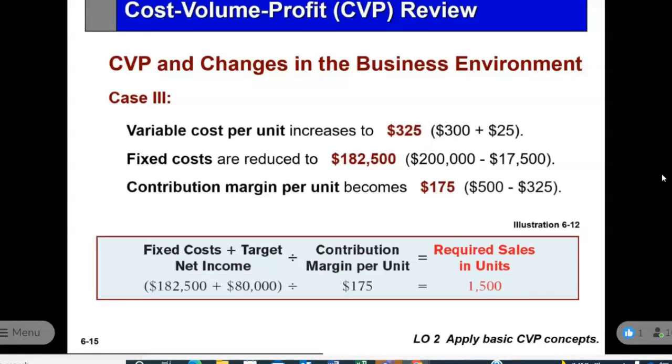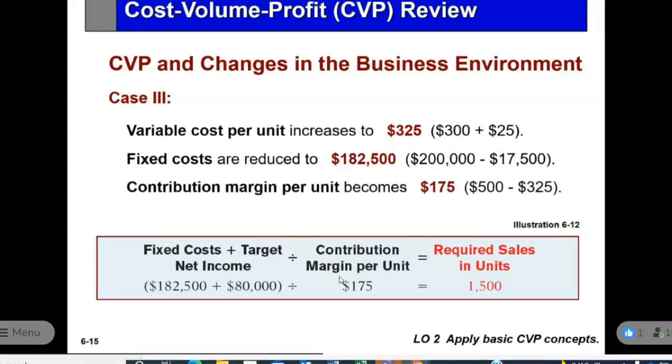With these AHA slides, you can't click forward like you do on PowerPoint, so you have to show it all. Variable cost per unit increases. Fixed cost decreases to 182.5. Contribution margin now is 500 minus 325, which is 175.